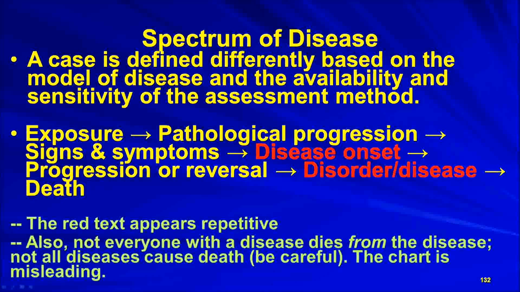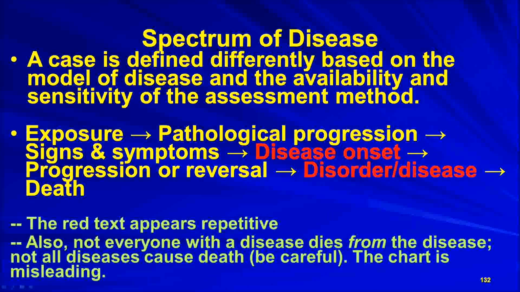So if we have multiple definitions of what a case is, we're really treating multiple problems and not a singular problem. Or if we don't have a case definition at all, and you'll read articles that don't have them, you don't know who really is being treated at all.